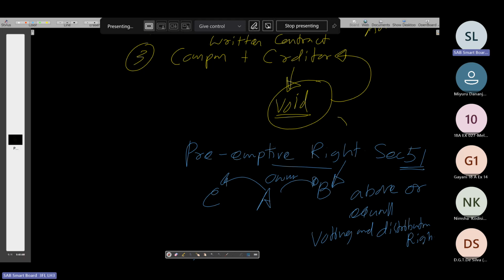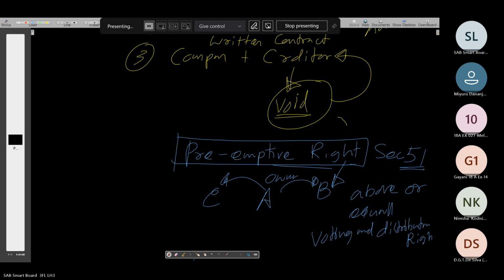If the company is going to issue new shares with equal or above voting and distribution rights compared with the existing shareholders, the first choice will be given to the existing shareholders. If they refuse to purchase, then the company can offer it to a third party. The same right is recognized under section 51, known as preemptive right.